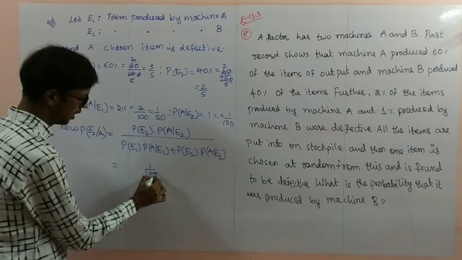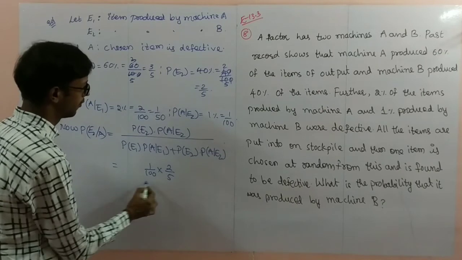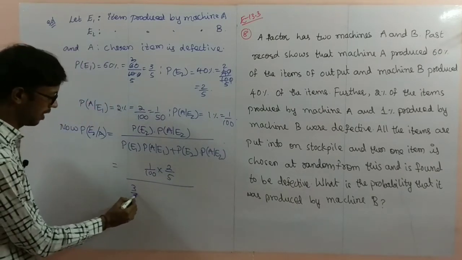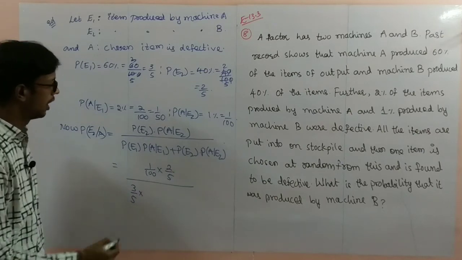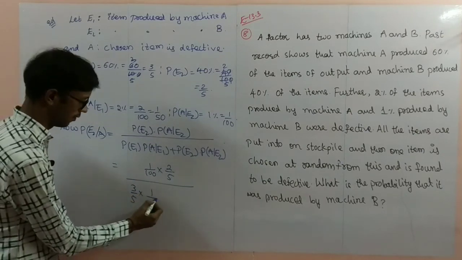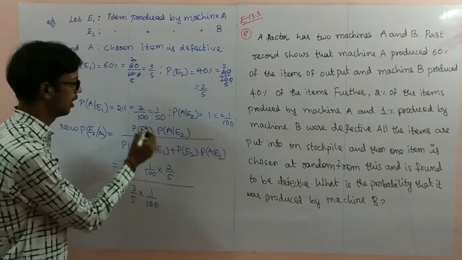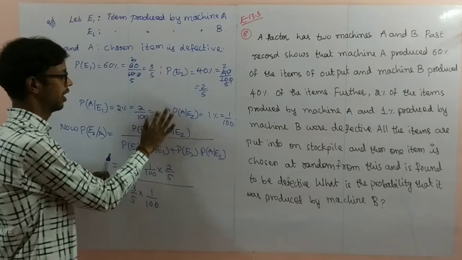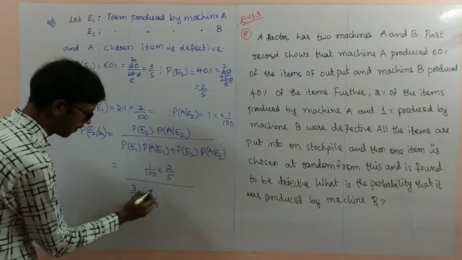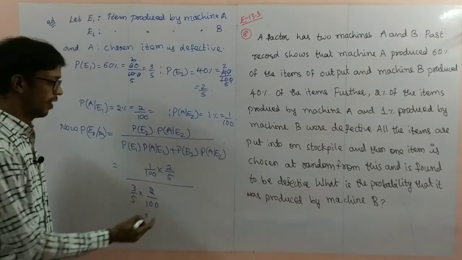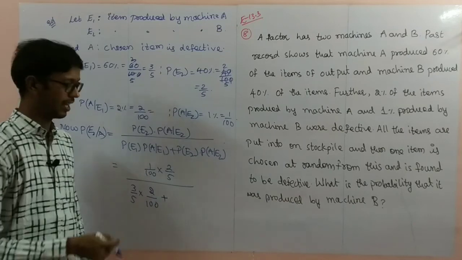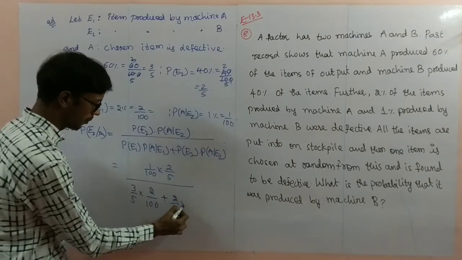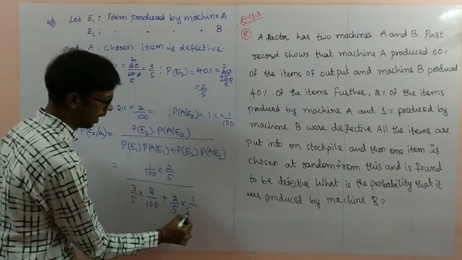1 by 100 into 2 by 5, divided by P of E1, 3 by 5, into A by E1, 1 by 100 only I am writing here. I am not taking the simplification, 2 by 100 only writing. Why? Because of cancellation, taking common, easy purpose. Plus P of E2, 2 by 5, into 1 by 100.